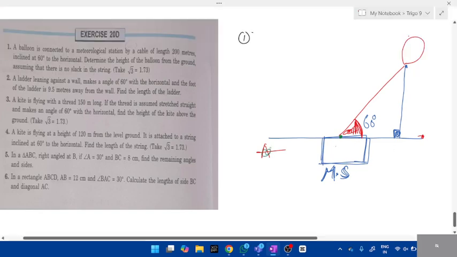See this point A, B, C. Just go through this diagram. A, B, C. Read the question, students. All of you will go through the question.